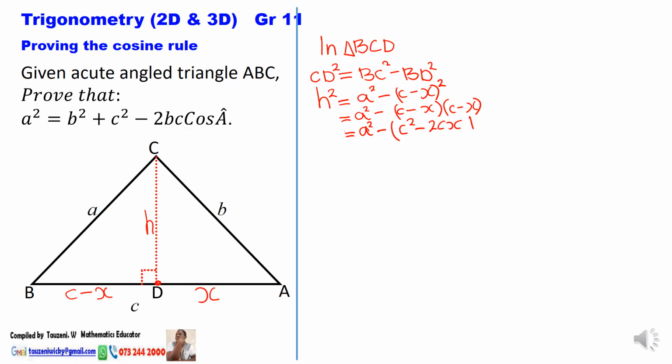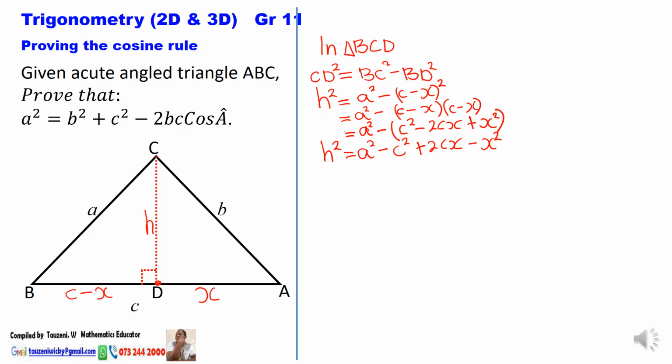So the multiplication here using the FOIL method gives me c squared minus 2cx plus x squared. Then after that, I can now subtract: h squared is equal to a squared minus c squared plus 2cx minus x squared. This is our value of h squared in terms of a, c and x.